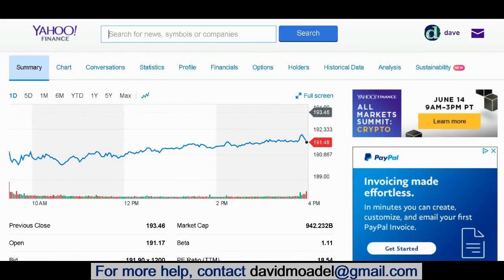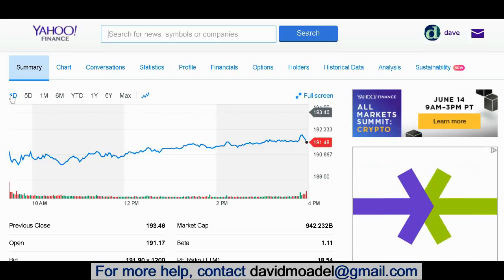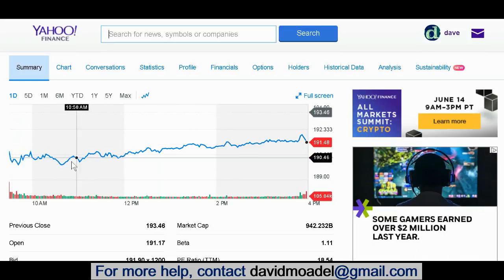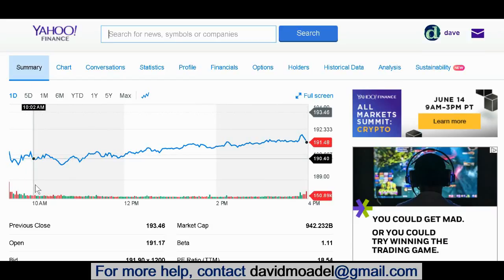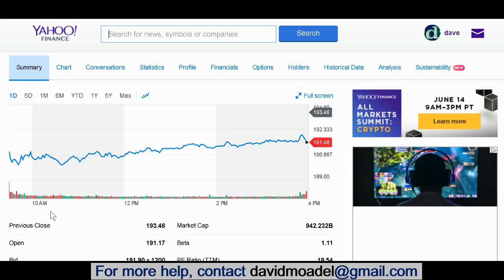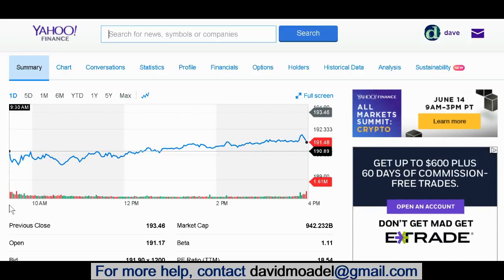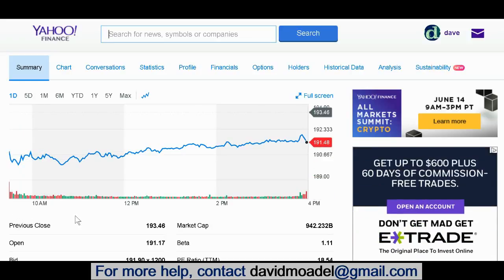That chart shows 1D. Well, that means 1 day. So this shows the price during one trading day, which if you're in the Eastern time zone in the United States, is when most people buy and sell shares of stocks.